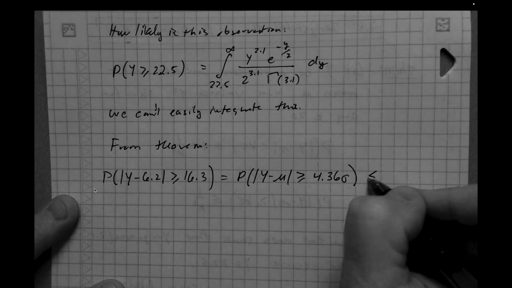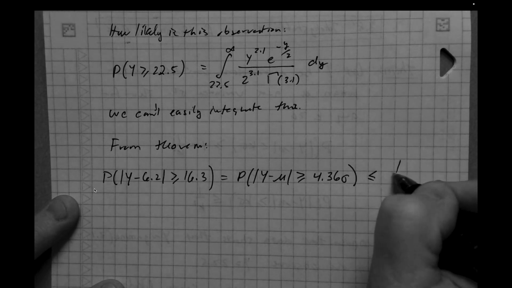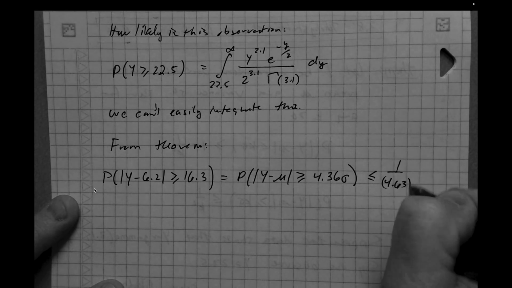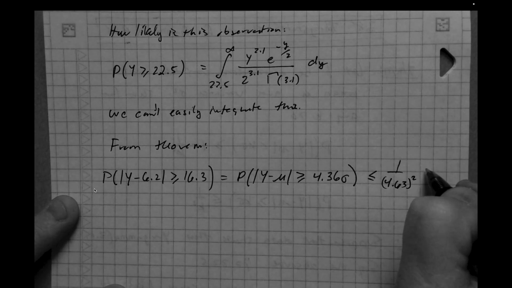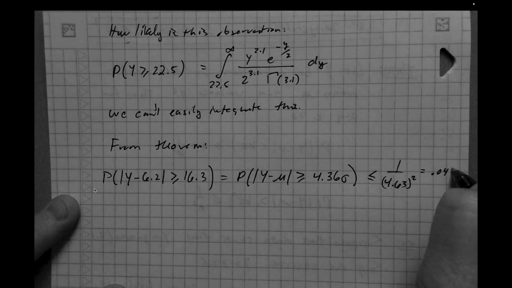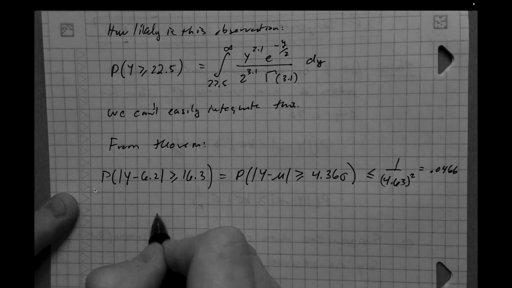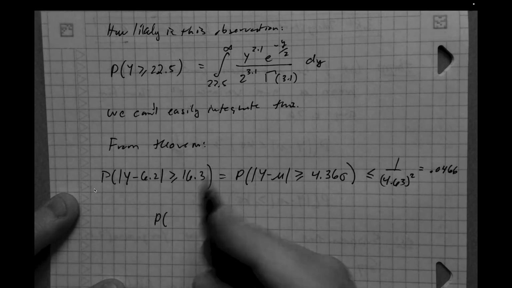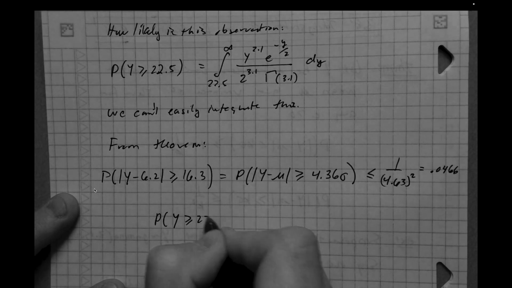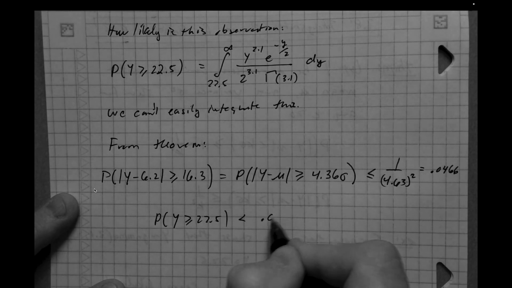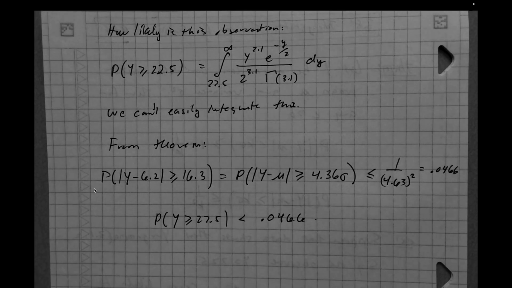And that's got to be less than or equal to 1 over 4.63 squared. Okay, and so if you do that, you see that this is equal to 0.0466. So the probability that y is greater than 22.5 is less than 0.0466.